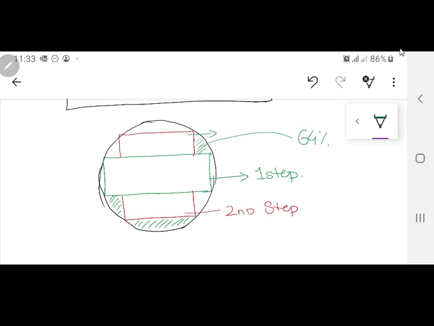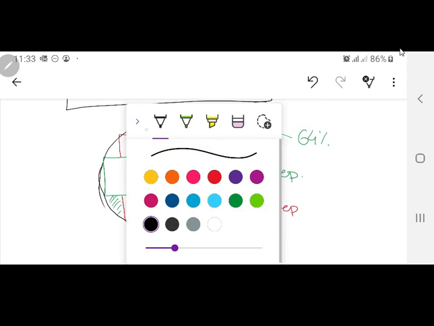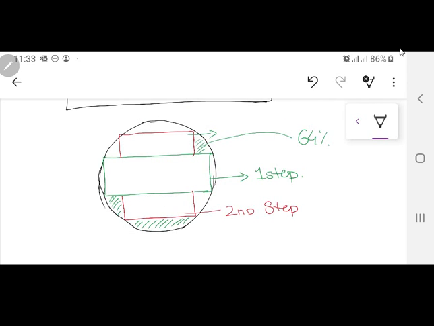Now coming back to this 2-step. What is this distance from here to here? D is the circle diameter. What is this distance from here to here? It's also D, because it's also the diameter of the circle.